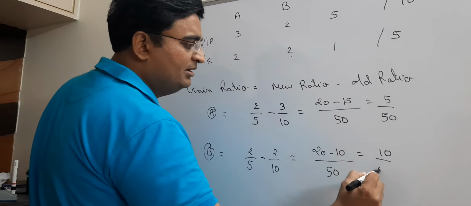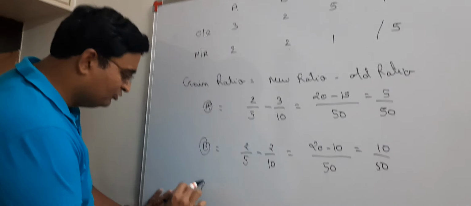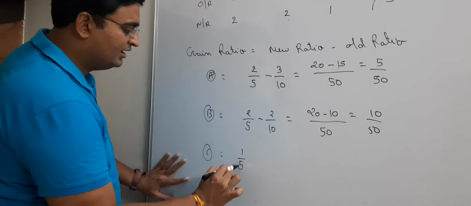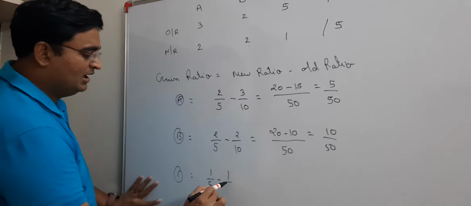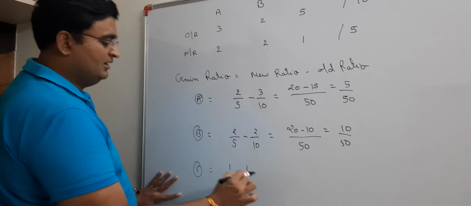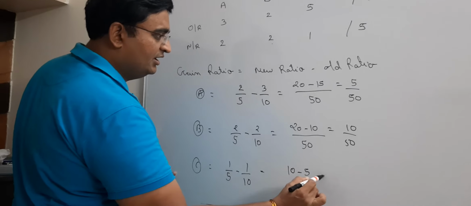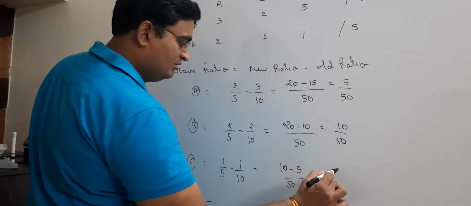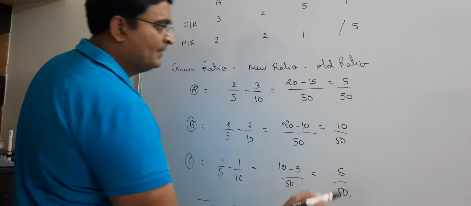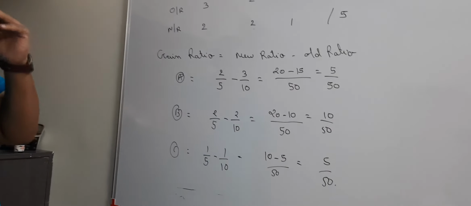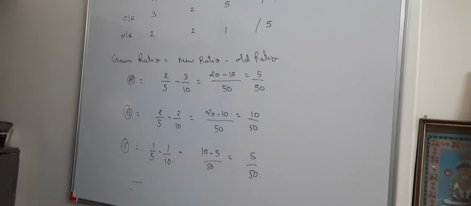That gives me 10/50. Coming back to C, 1/5 minus 1/10. So that gives me 10 minus 5 upon 50. So that gives me 5/50.